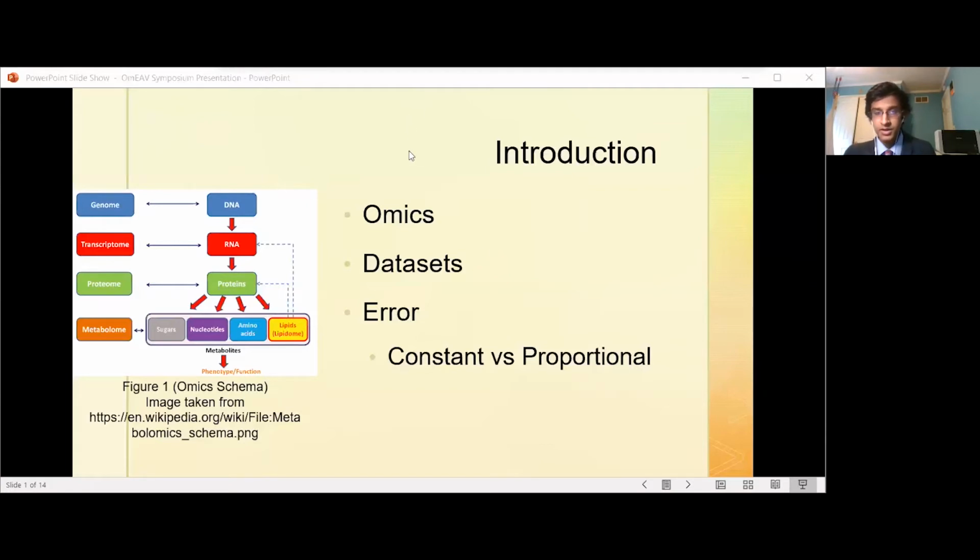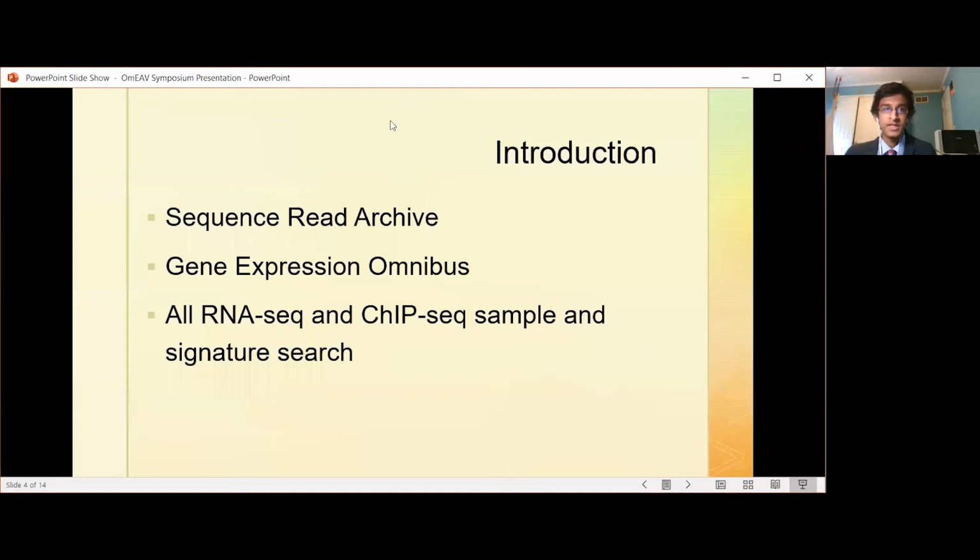So with all these data sets, there are large public repositories where these are stored. Namely, the two main ones are the Sequence Read Archive, which is the primary archive for high throughput sequencing data, and the Gene Expression Omnibus, which focuses on high throughput functional genomics data. So specifically, genomics is what that one's focused on.